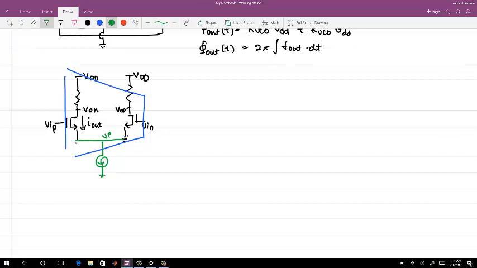Okay, so that buffer, zero differential, is this without this current source, right? There will not be any problem there. Let me ask this question: here I have the VCO, right? And now I am connecting it to the buffer, which is pseudo differential.